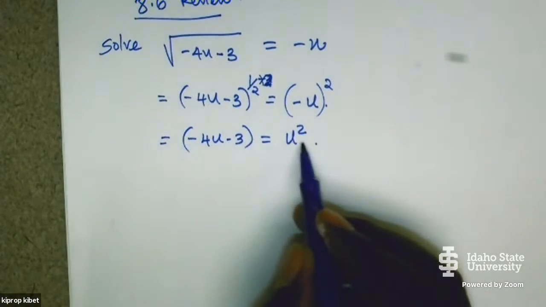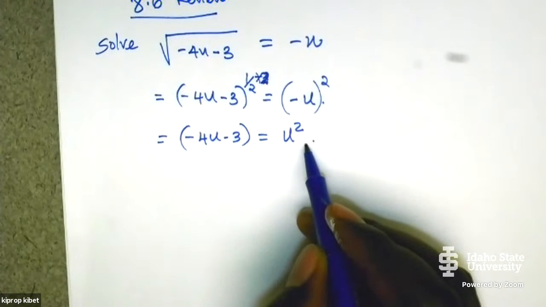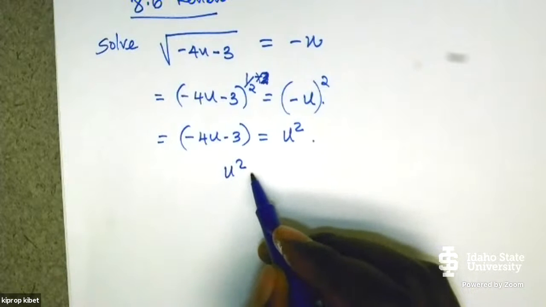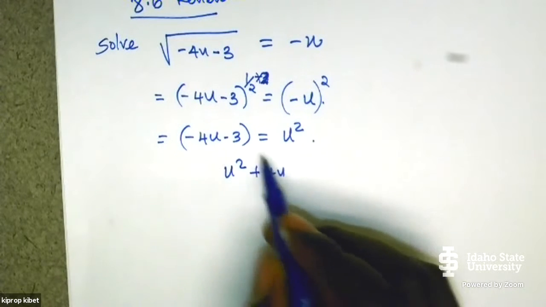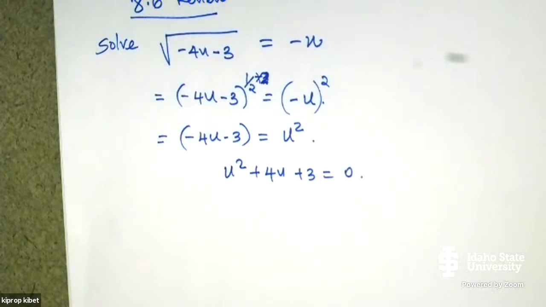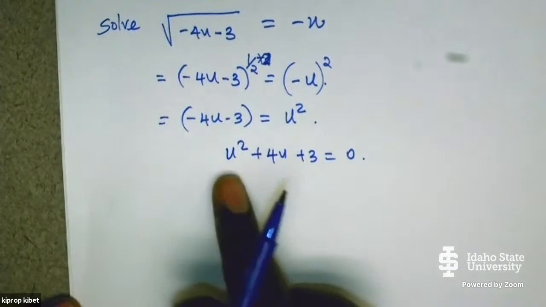Now we take all these values to the other side. So it will be u squared, plus 4u when you take the 4u to the other side, plus 3 when you take minus 3 to the other side, equals 0.